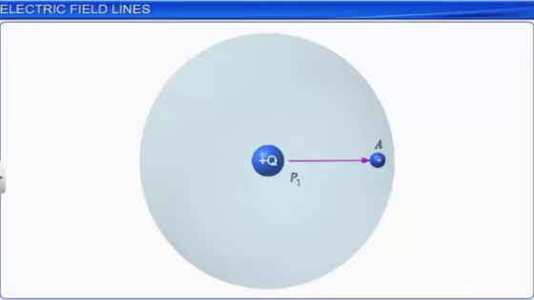Thus, path P1A represents an electric line of force or an electric field line. An electric field line represents the path followed by a unit positive charge in an electric field.